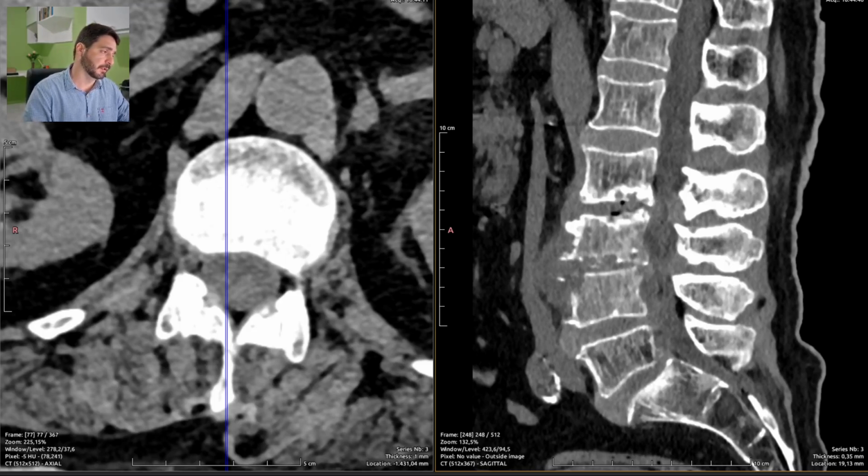There is diffuse demineralization of bone, which is a very clear sign of osteoporosis, very common in the elderly, especially over 65 years old.